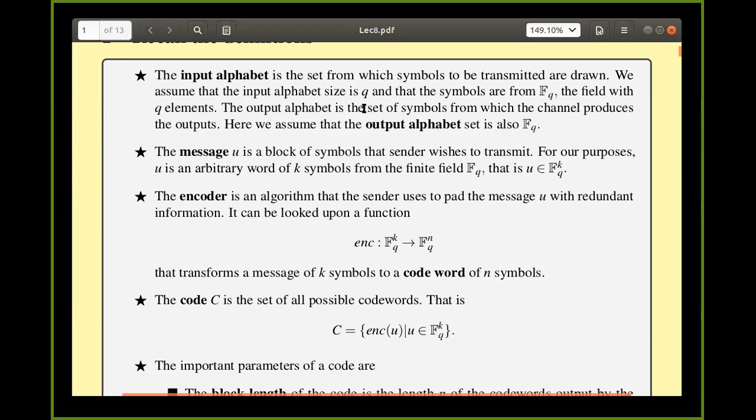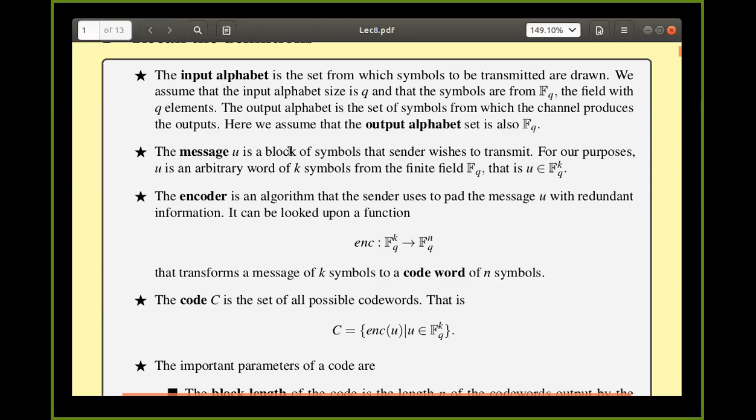The output alphabet is the set of symbols from which the channel produces the outputs. Here we assume the output alphabet is also F_q in most cases. If it is not, then I will specify that. So both input and output alphabets are the same, no confusion.